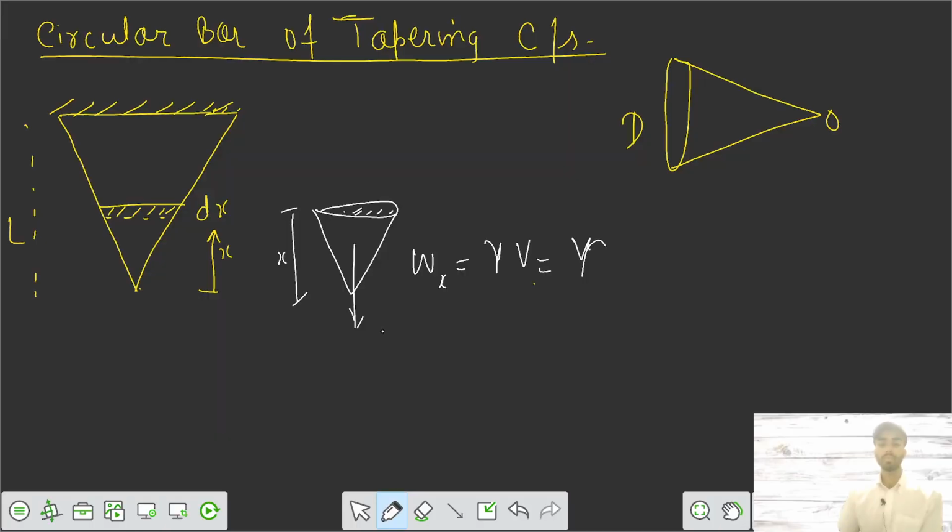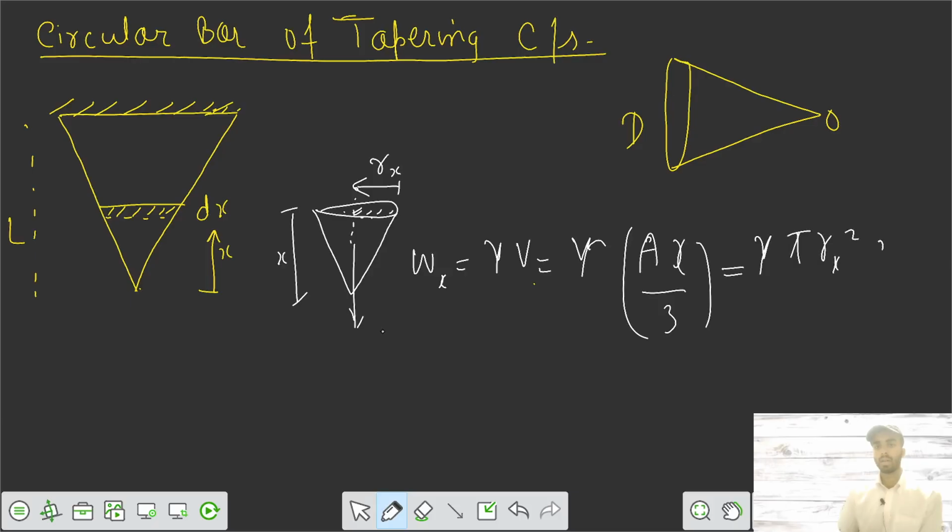The volume of a cone is area into length by 3. Say the radius at this section is rx, or diameter is dx. So your weight Wx becomes gamma pi rx square x by 3.